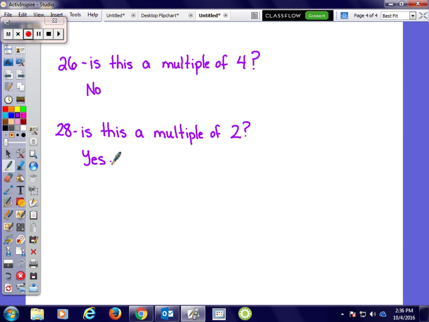And why do you think your answer should be yes? I'm not going to tell you why, but I want you to write in your journal how you know that 28 is a multiple of 2. Actually, I'm going to add that to the Google form. So that'll be one of your questions: why is 28 a multiple of 2?